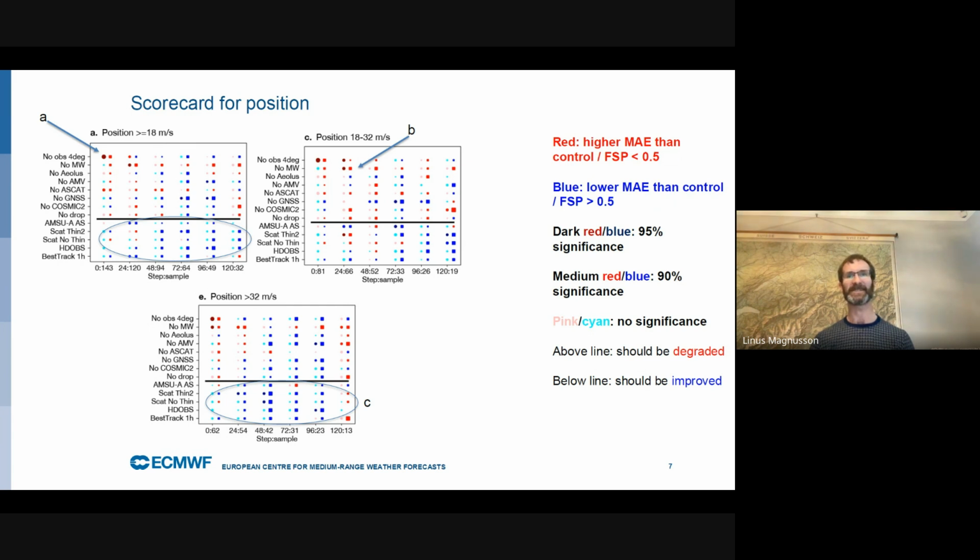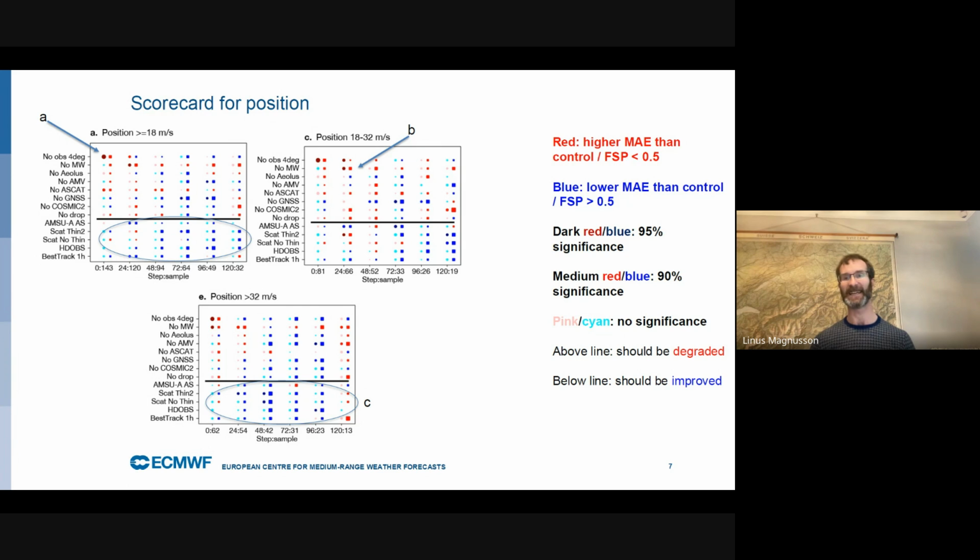And I forgot to say the circles are the mean absolute errors, and the squares are the frequency of the superior performance. If you look at the arrow that points to A, you can see the impact on the forecast of the cyclone position if we remove the data within 4 degrees of the cyclone.